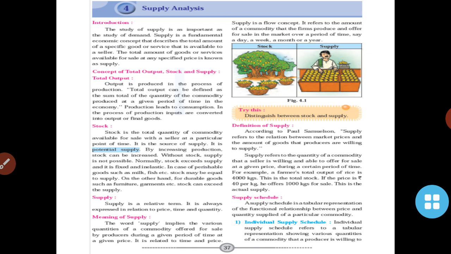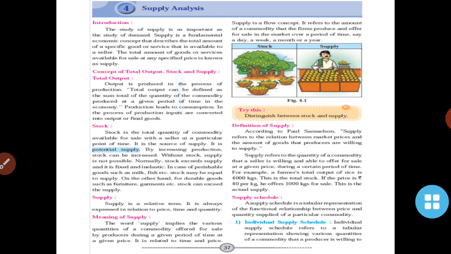The stock should be available in the company, and only from that are they going to produce the material. So it is important to give the total production amount, and the process of production should be clear because of the stock.